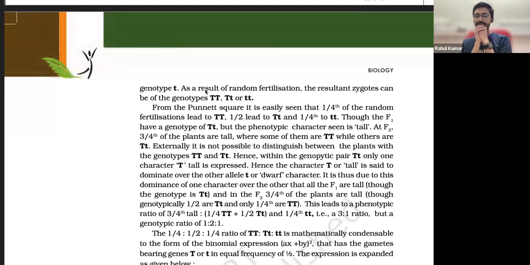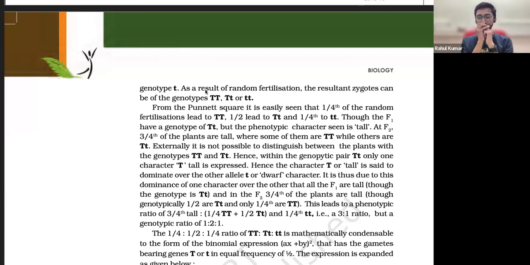So what fraction of the tall progeny in the F2 generation will be heterozygous? Stop right there. Read that line again. What fraction of the tall progeny in the F2 generation? Anyone got anything? Any tingle?